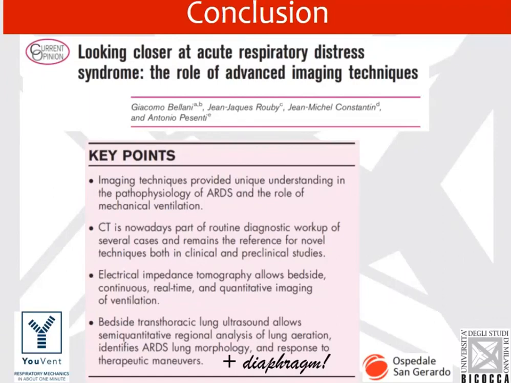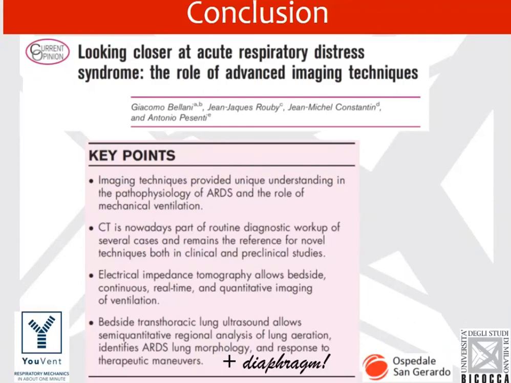CT scan is our reference, our benchmark, and I really think that if we need to have a solid reference, this is still and will still be our solid reference for many, many years. But at the same time, more and more bedside, radiation-free, cheaper techniques are emerging, such as ultrasound and EIT.